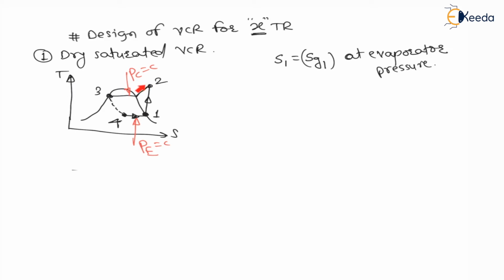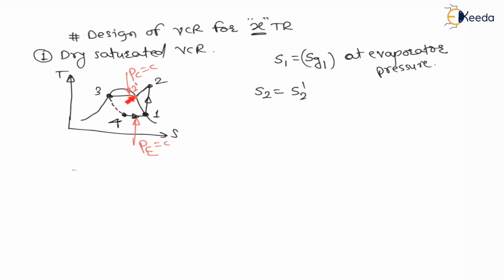Now, to find condition at 2, let us consider here there is a 2 dash point, that is at condenser pressure, saturated vapor state point. Now, to find condition at 2, we have to see the superheated steam table, and at condenser pressure we will get respective values. Now, let us find S2, entropy at 2. Entropy at 2 is definitely more than 2 dash.